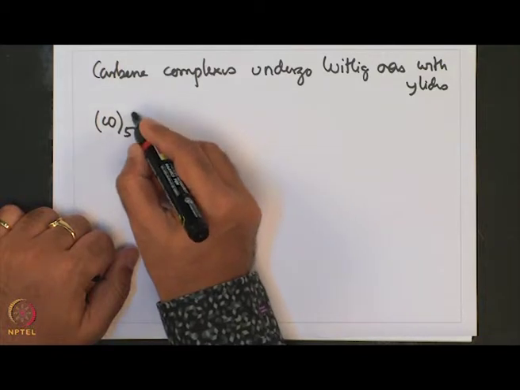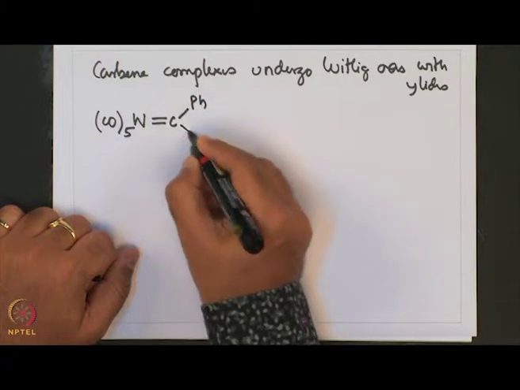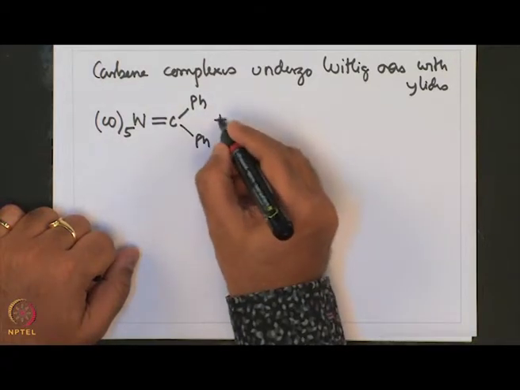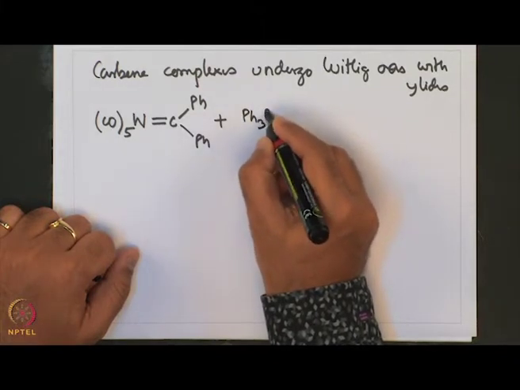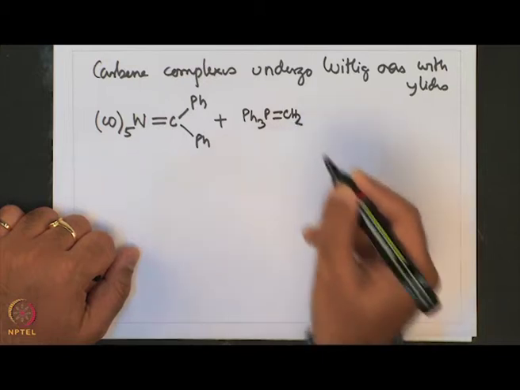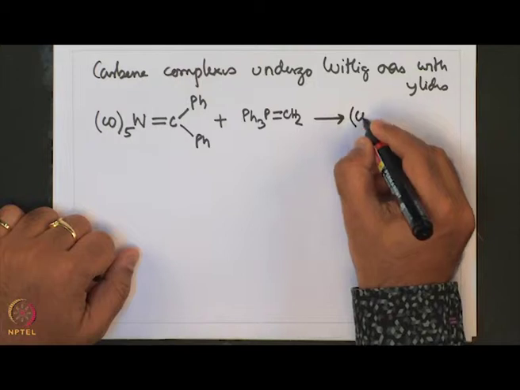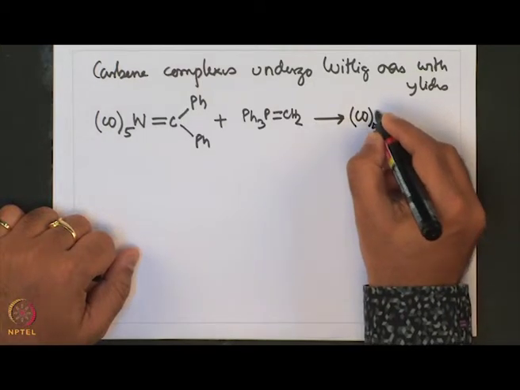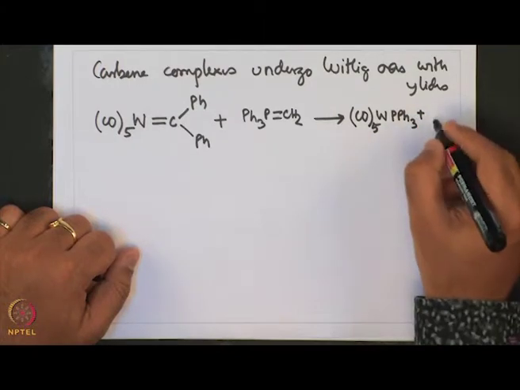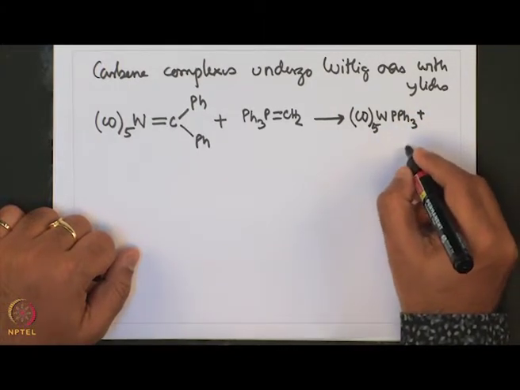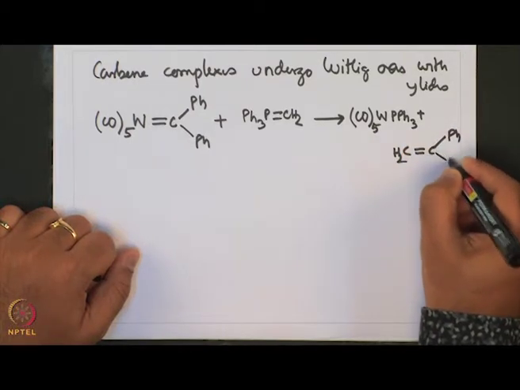So, your tungsten pentacarbonyl, C phenyl 2, plus this Ph3P=CH2, giving (CO)5W=PPh3 plus CH2=CPh2.